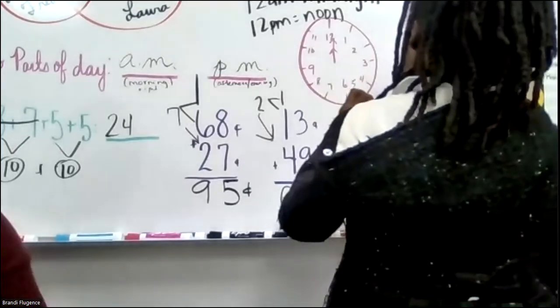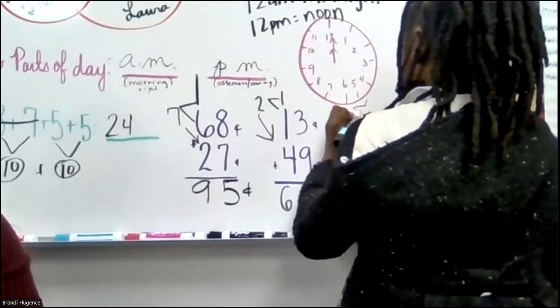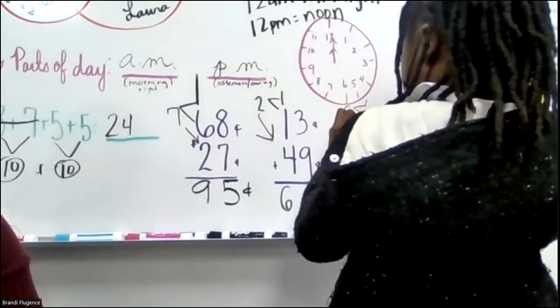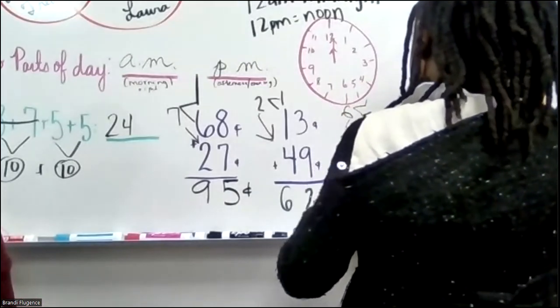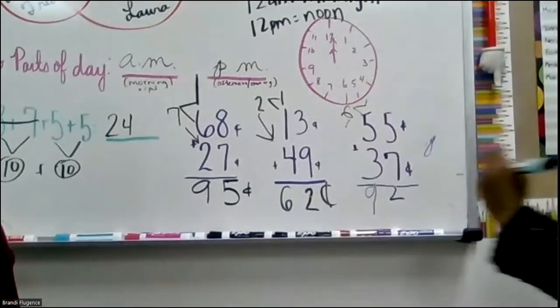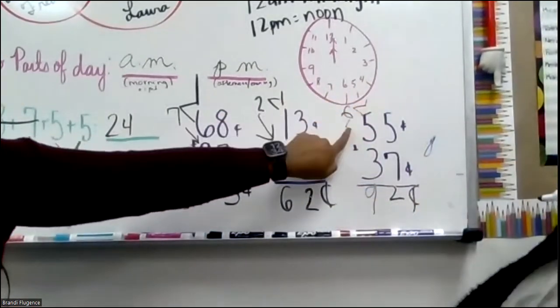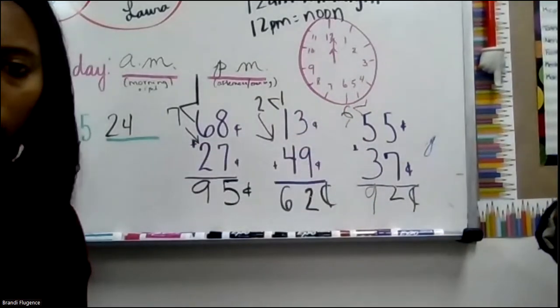Carry the 1 over to the top. 5 plus 7 is 12. Put the 2. Carry my 1. 1 plus 5 is 6. 6 plus 3 is 9. 92. Awesome. All right. Good.